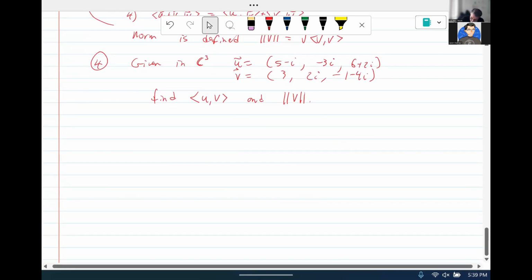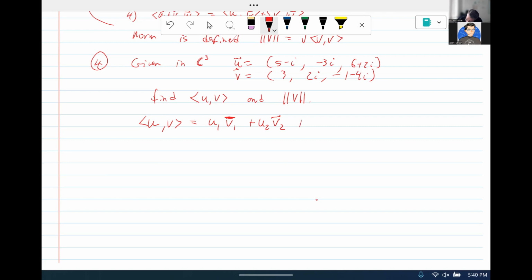So the uv inner product is going to be equal to u1 v conjugate 1 plus u2 v conjugate 2 plus u3 v conjugate 3. So we're going to basically do the dot product, but with all the conjugates of v.